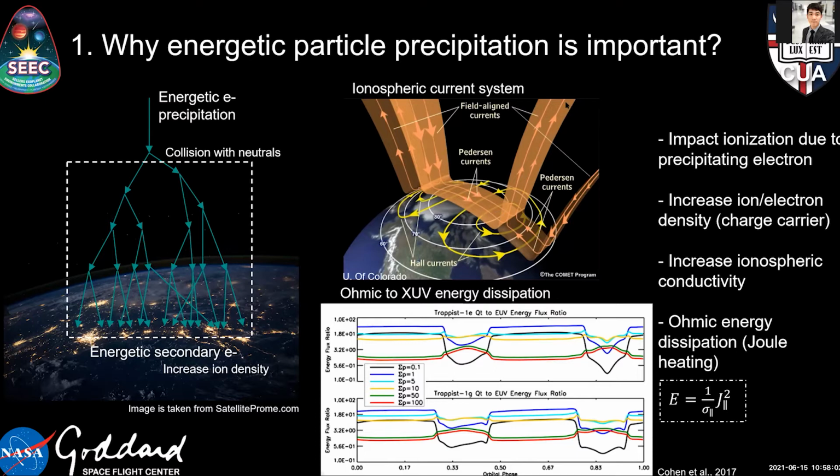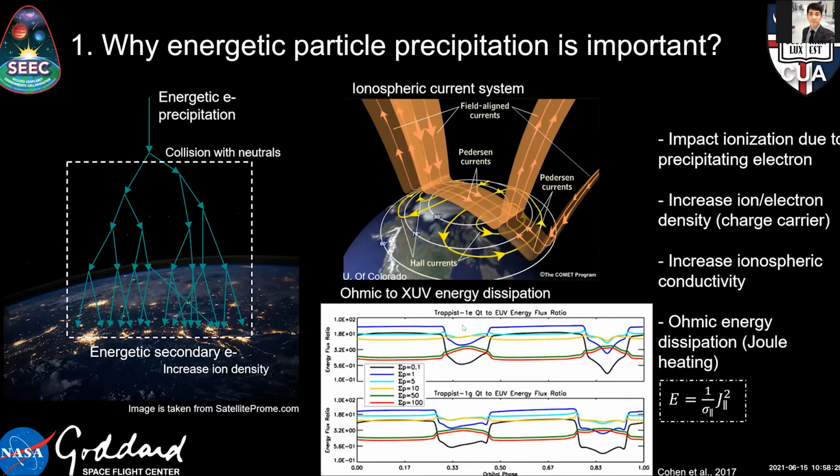Since energetic particle precipitation increases ion and electron density, it increases ionospheric conductivity, and thus more current can flow in the ionosphere. With conductivity and currents, the ionospheric current system is like an electric circuit. Thus, it can heat the atmosphere through ohmic energy dissipation, referred to as Joule heating.